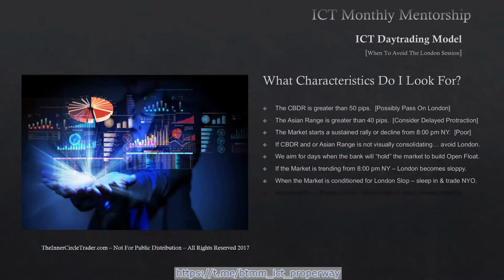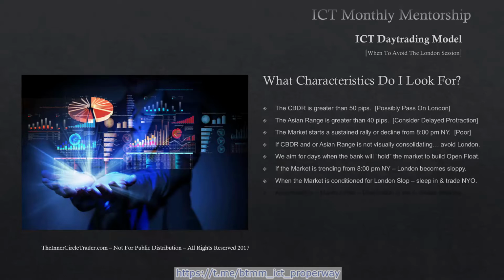When the market is conditioned for London slop, as we just described in the previous point, sleep in, trade New York. That means if any of these things that we've mentioned so far are there, the London session is going to be sloppy. If it's going to be sloppy, does that mean it's a high probability condition? Absolutely not. We want it to be so slanted in our favor, and that means not trading every day.